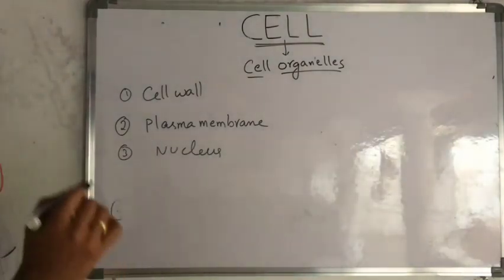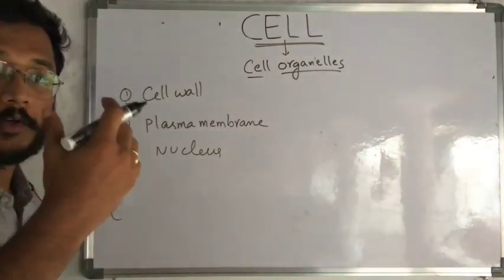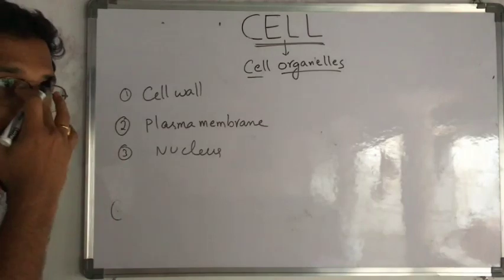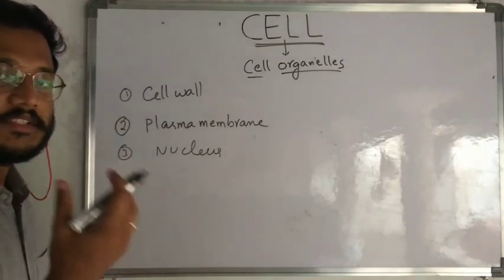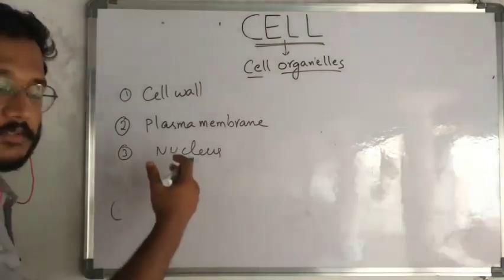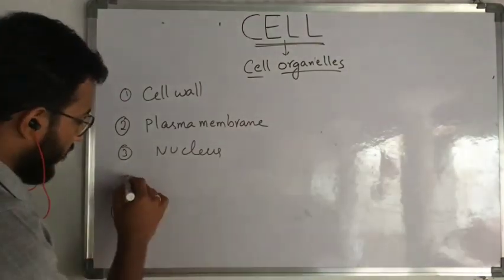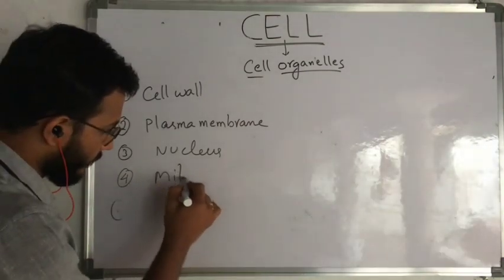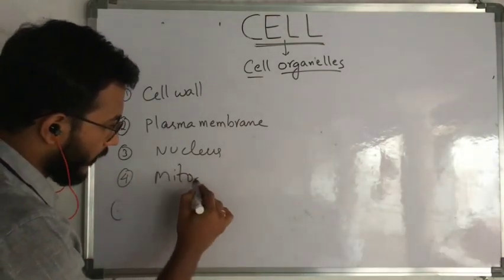For example, in a human body, the brain is controlling each and every function. When we are taking a single cell, how the actions of the cell are controlled and maintained properly is by the nucleus. The fourth one is mitochondria.